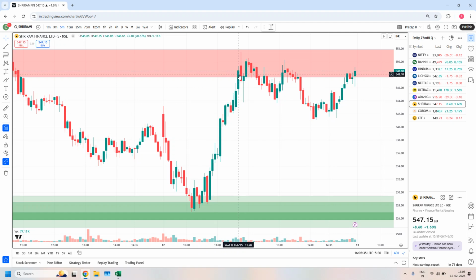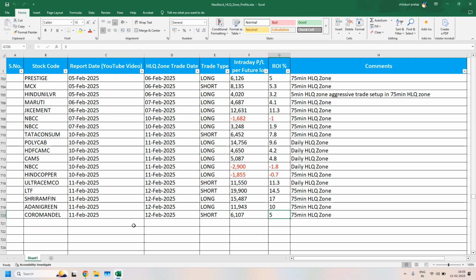At 11:40, it reached the target. And that way Shriram Cements has given you 17% ROI. Maybe Hindustan Petroleum or UltraTech Cement, one of these trades you would have taken, and both together you might have achieved close to 30% ROI today.